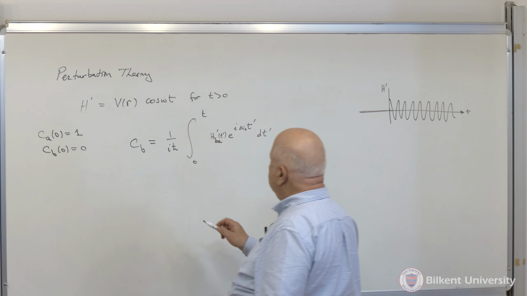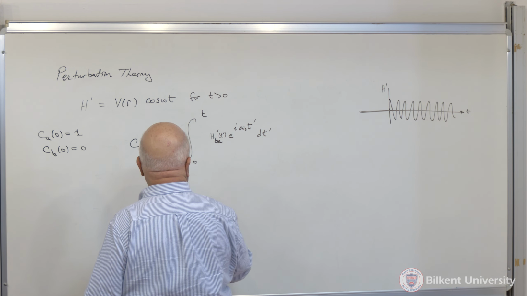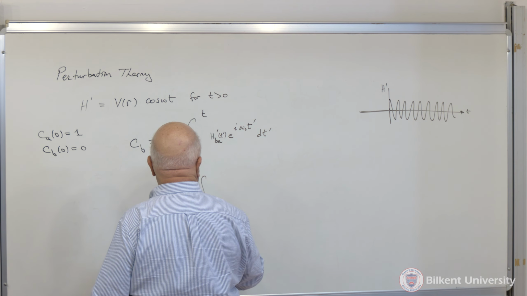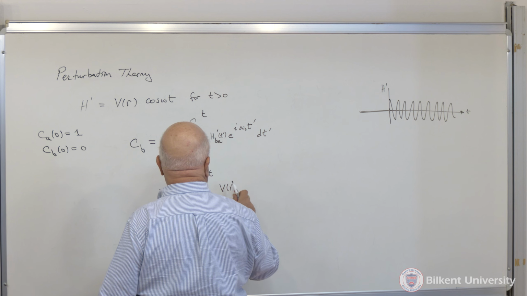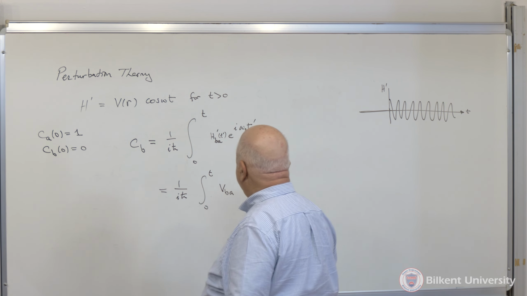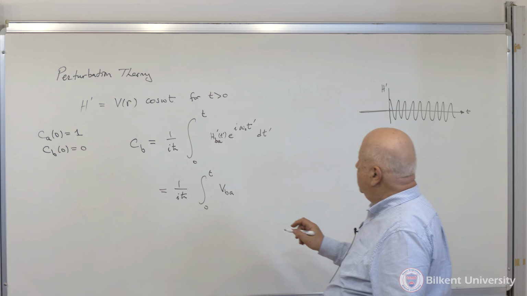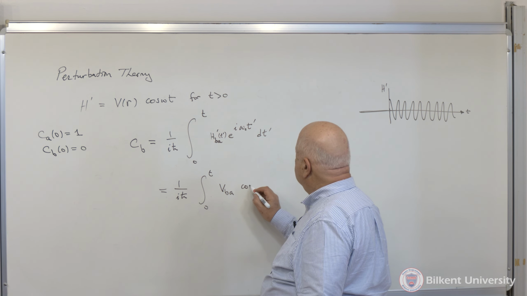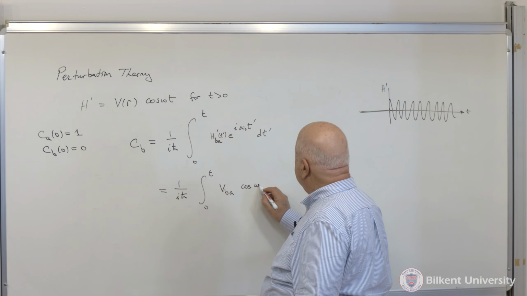So it will look something like this: 1 over i h bar, integral from 0 to t, that's V of r, the matrix element between B and A, and I have here a cosine omega t.